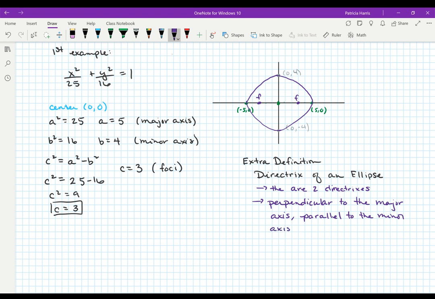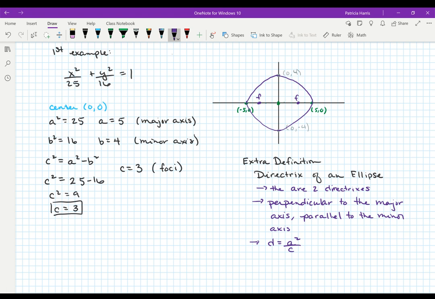Okay? All right. The formula you're going to use is this. D is equal to a squared divided by c. So you're going to get a fraction.